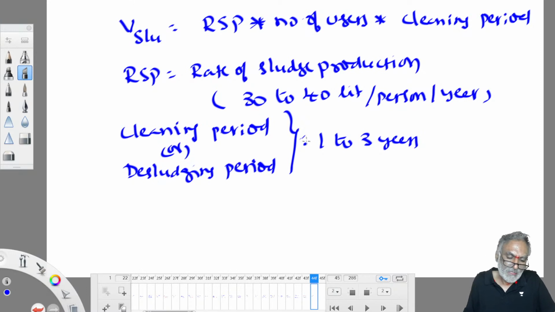So then both of them are known. Then you can find out the total volume of the septic tank. Once you know the volume of the septic tank, then you can find out the surface area or plan area.